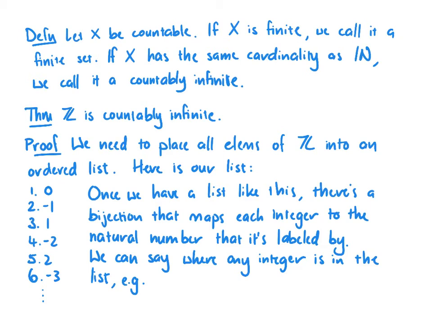So for example, minus 328 is the minus 2 times minus 328, which is 656th integer in the list.